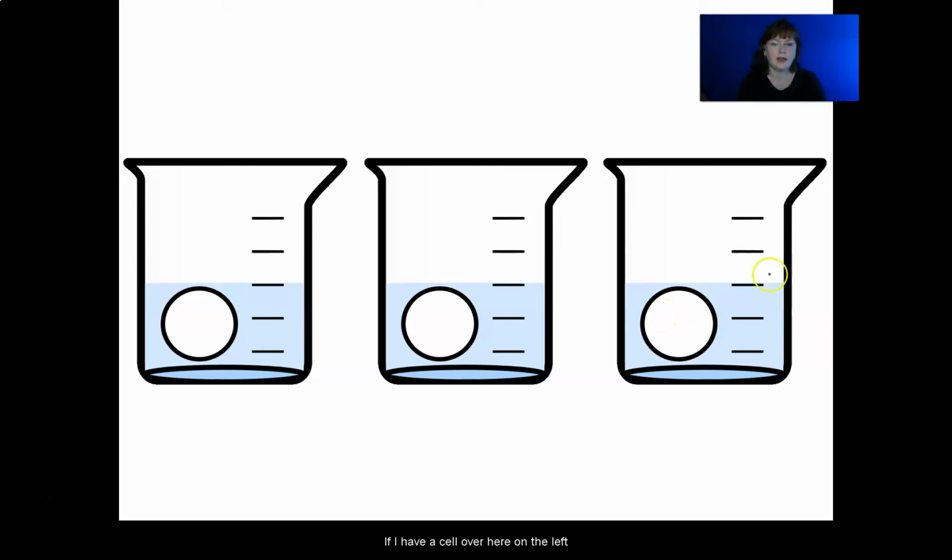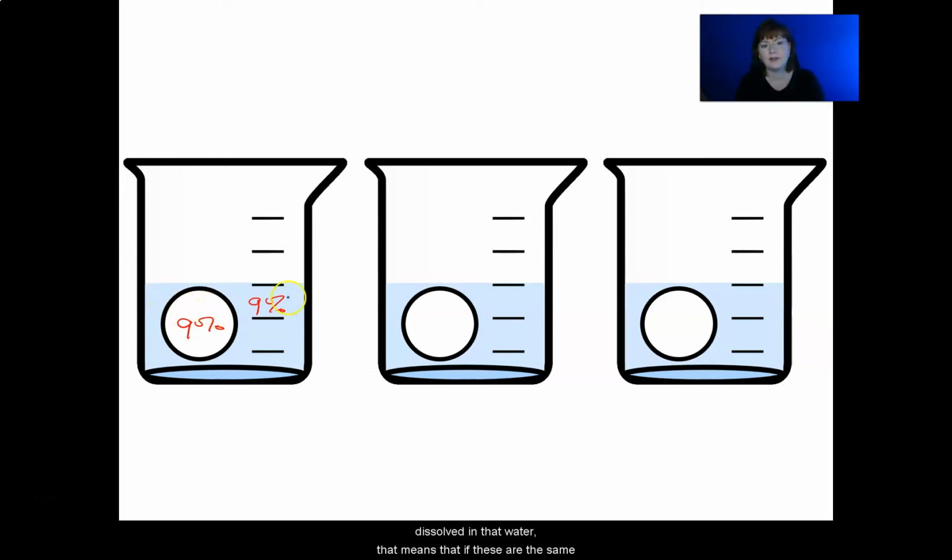If I have a cell over here on the left that maybe has a concentration of solute inside of, let's say, 9%, and I put that into a solution that also has 9% solute floating around it. So that might be salts, sugars, anything that might be dissolved in that water.